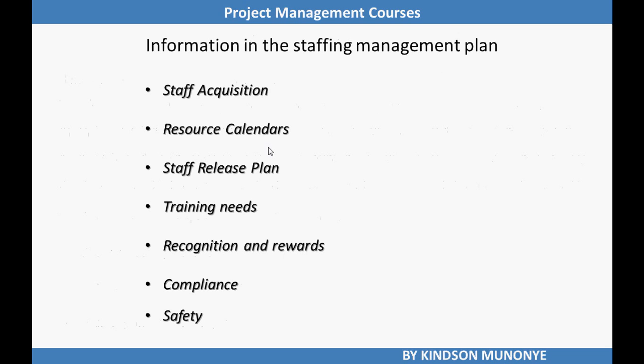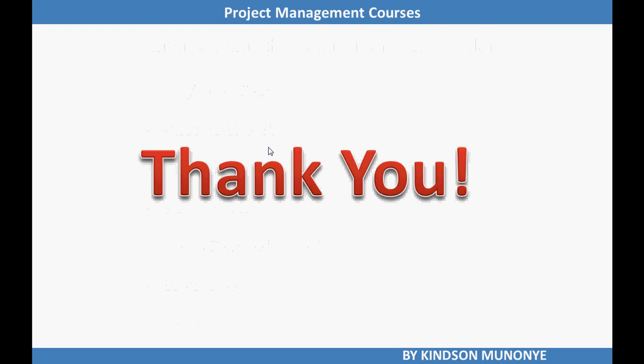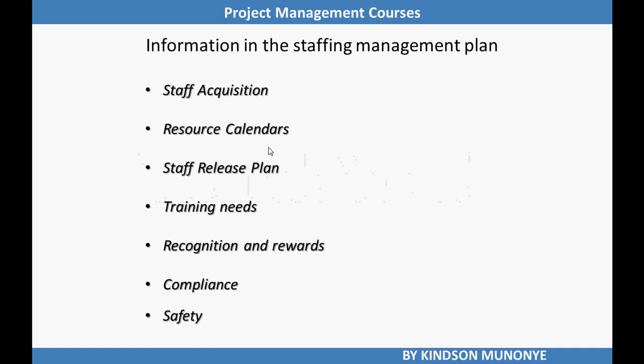What are some of the information contained in the staffing management plan? Some of them are staff acquisition. For instance, a number of questions may arise when planning the acquisition of project team members.